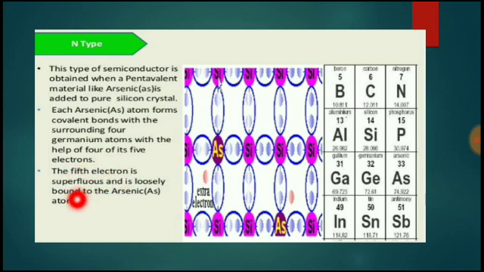The fifth electron is superfluous and is loosely bound to the arsenic atom. See, this brown color is the extra atom.